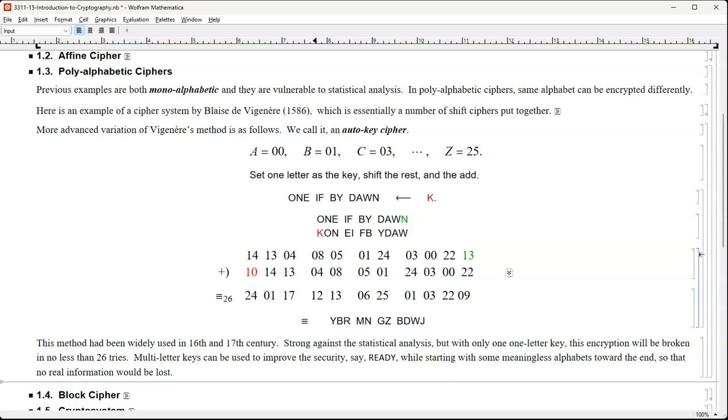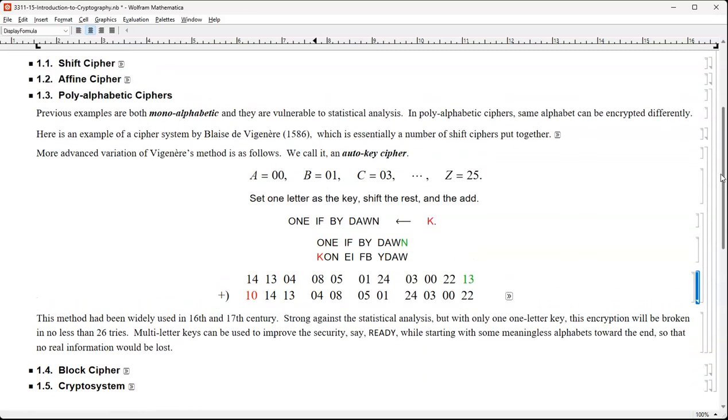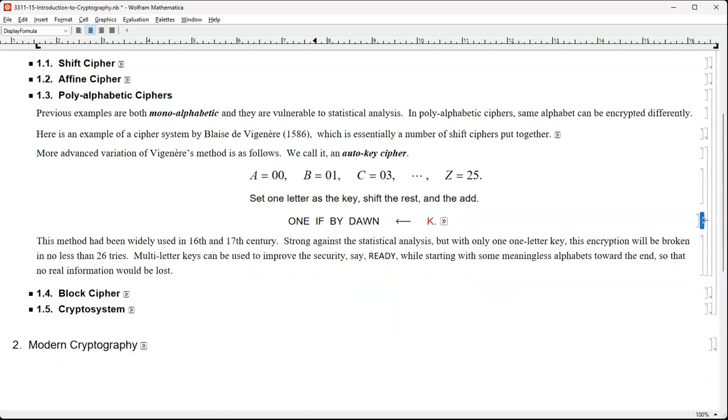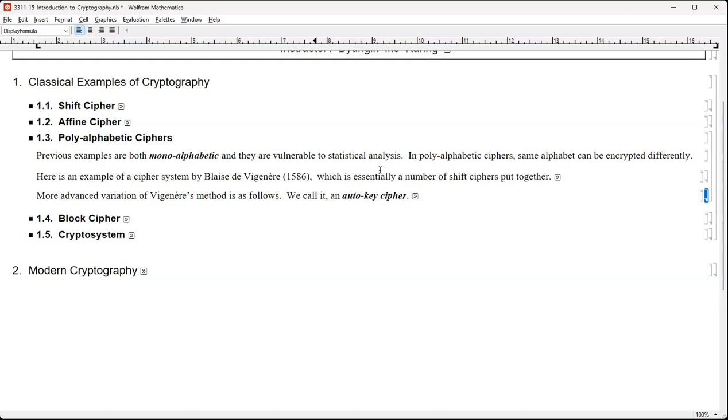So it had its heyday, as a matter of fact, and it is still usable these days. And if you see the term auto key cipher, that means the method introduced by Vigenère and some variation of it, some advanced version of those.